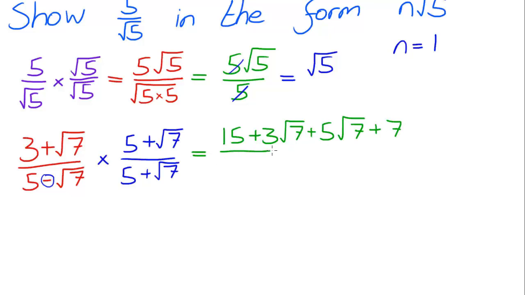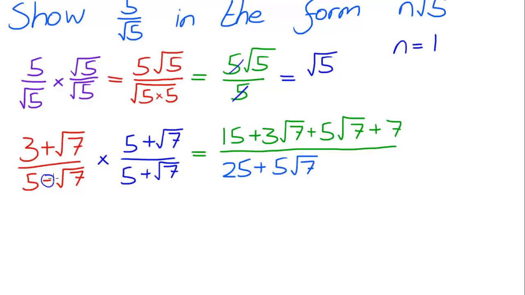Then as our denominator, this is where the trick comes in. We have 5 times 5, which is 25. Then 5 times plus root 7, so plus 5 root 7.